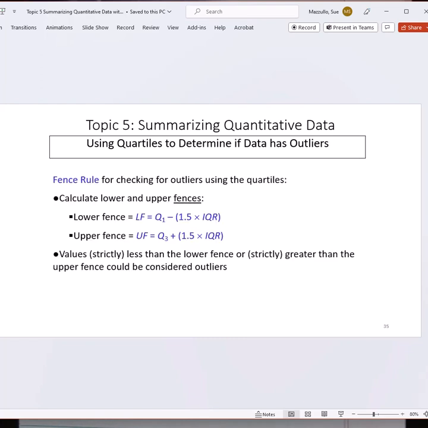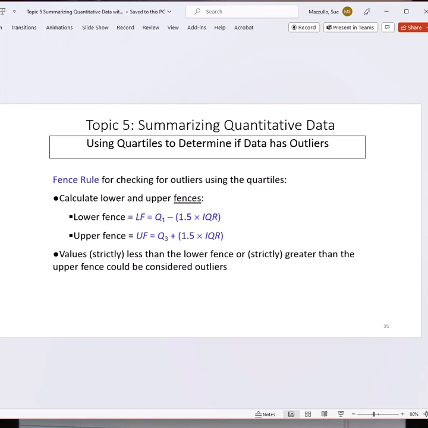I talked about this upper and lower fence. Anything lower than the lower fence we're going to consider an outlier, and anything greater than the upper fence will be considered an outlier. We have a calculation that can help us to determine if there are possible outliers.